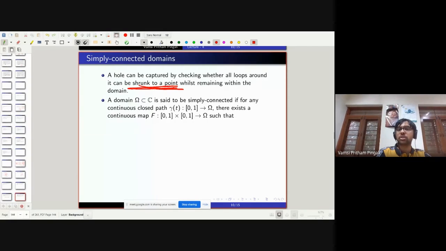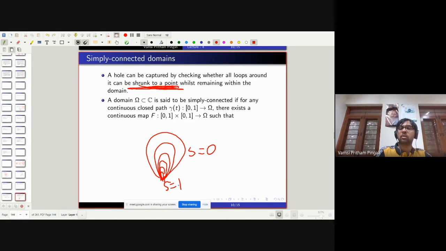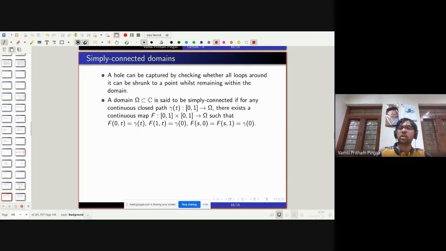How do you make this notion of shrinking precise? That means with time, this should get smaller and smaller. So this is at time equals 0, this is at time equals 1, this is at time equals s. So you have a collection of maps, one for each point of time in omega, so that f of 0, t is the original one.